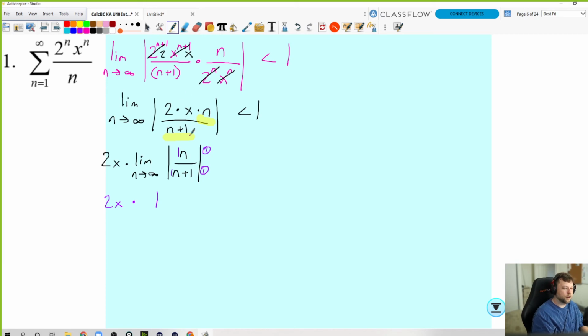So another way of saying this is you've got to look at this part here and think, what's that limit going to be? Or treat this like the x. Don't treat the x as a variable at that point. Times 1. Ultimately, these are going to cancel out, so I'm down to absolute value of 2x is less than 1.